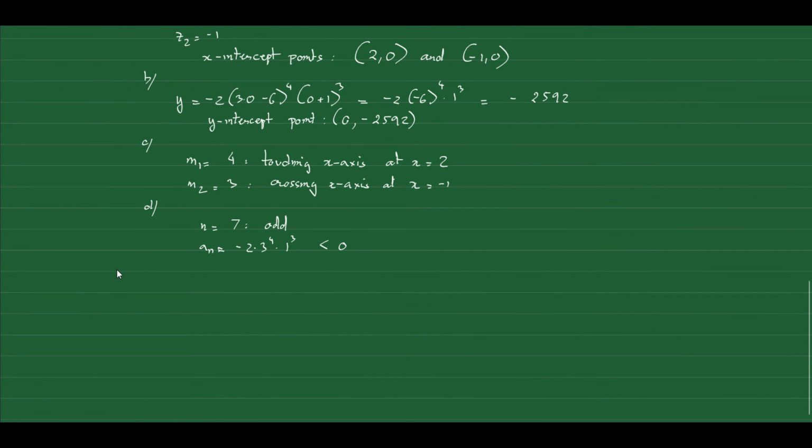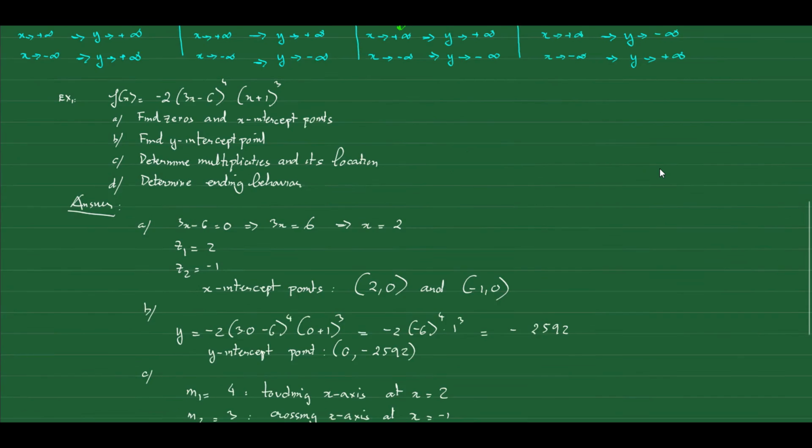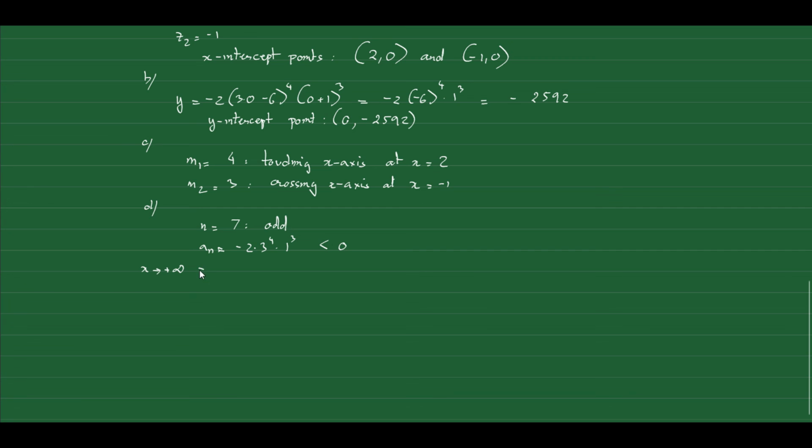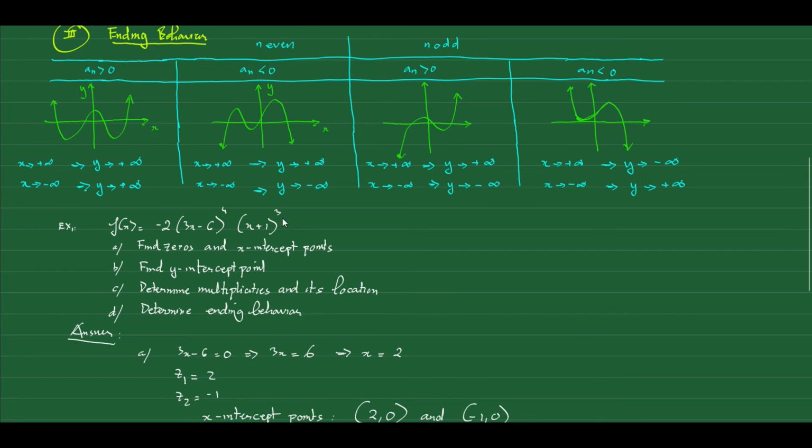So when x approaches positive infinity, y approaches negative infinity, and when x approaches negative infinity, y approaches positive infinity. That's the end behavior. Very simple.